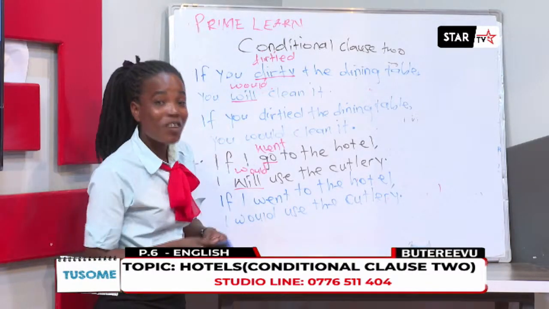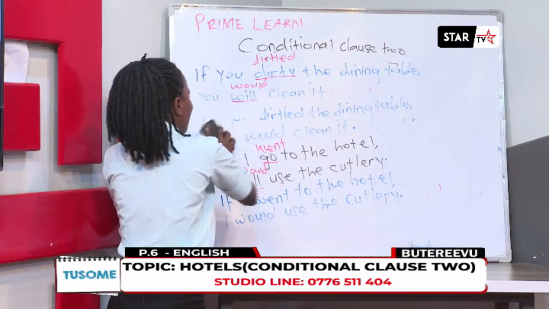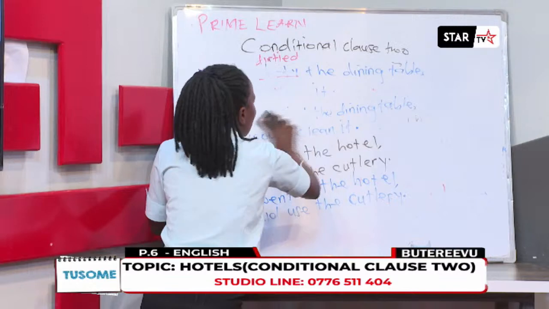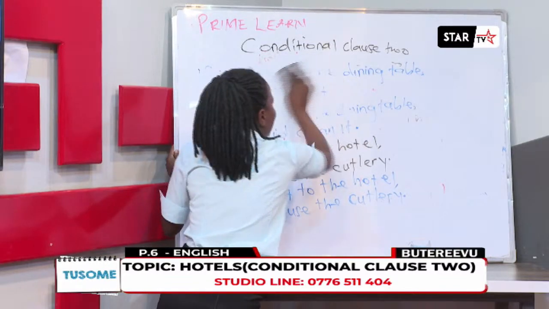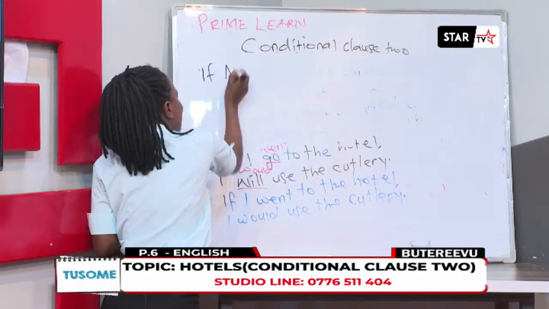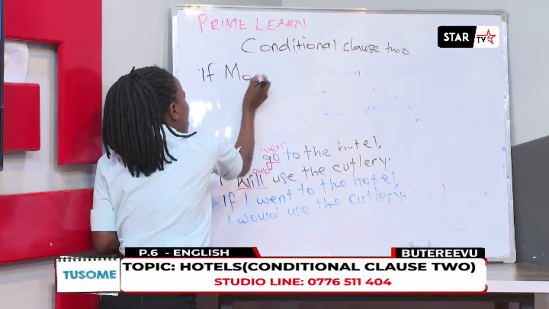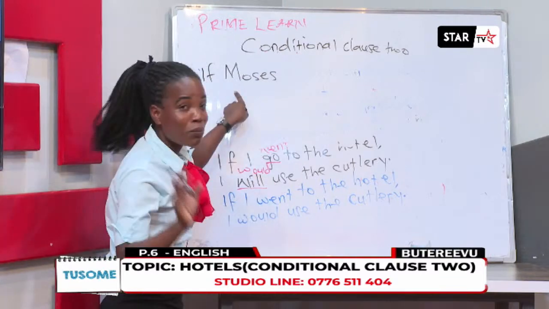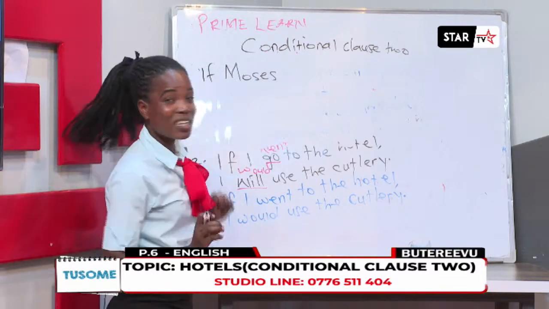Therefore, let me even add you more examples. Let's look at the next example. Remember, the more examples I give, the better you understand the concept with me. If Moses, take a note of the one writing the name Moses. It is a proper noun. What does it mean? It must begin with a capital letter, just as a time.